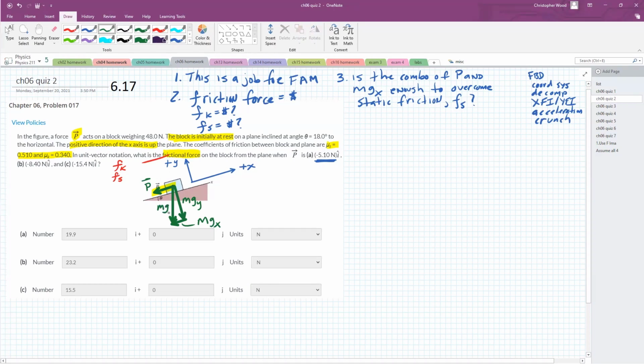But now I have to do a means test. I'm going to read this reflective question one more time. Is the combination of P and mgx, which are both down-ramp forces, enough to overcome static friction? So that's my first test. I'm having this dialogue with myself, and I would say, well, what is F subscript S?